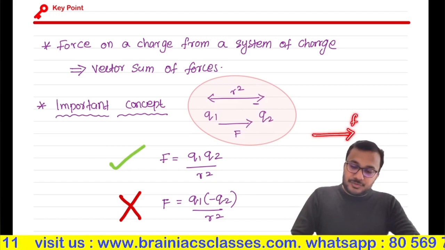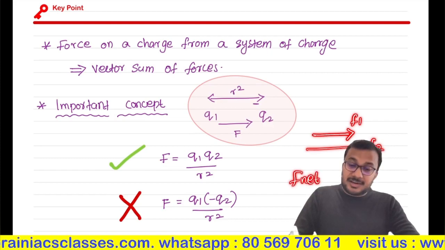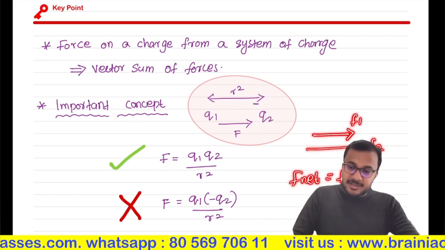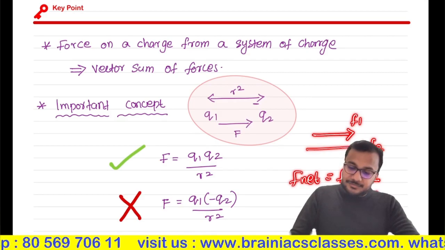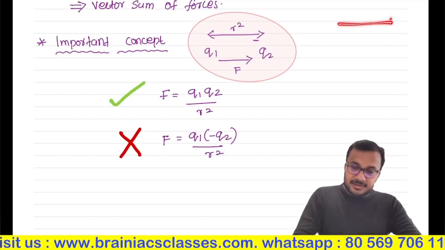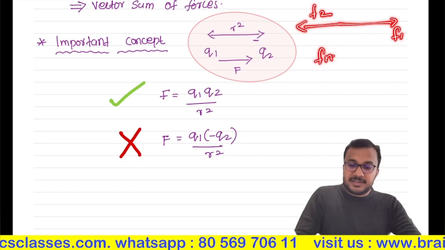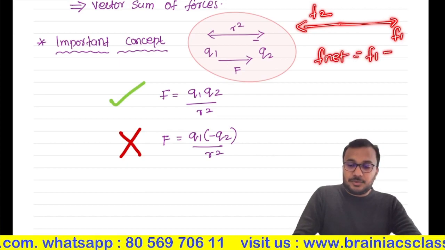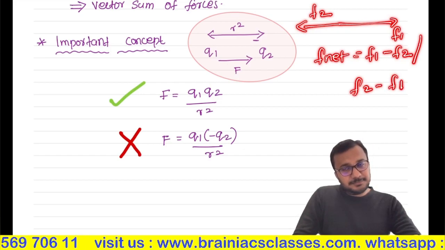Let's explain one thing. If we have two forces, say F1 and F2, then F net, the total force, is called the vector sum. In the same direction, we will add it, F1 plus F2. If you have F1 here and F2 here, both in opposite directions, what is F net? F net equal to F1 minus F2, or you can write F2 minus F1, both are correct.